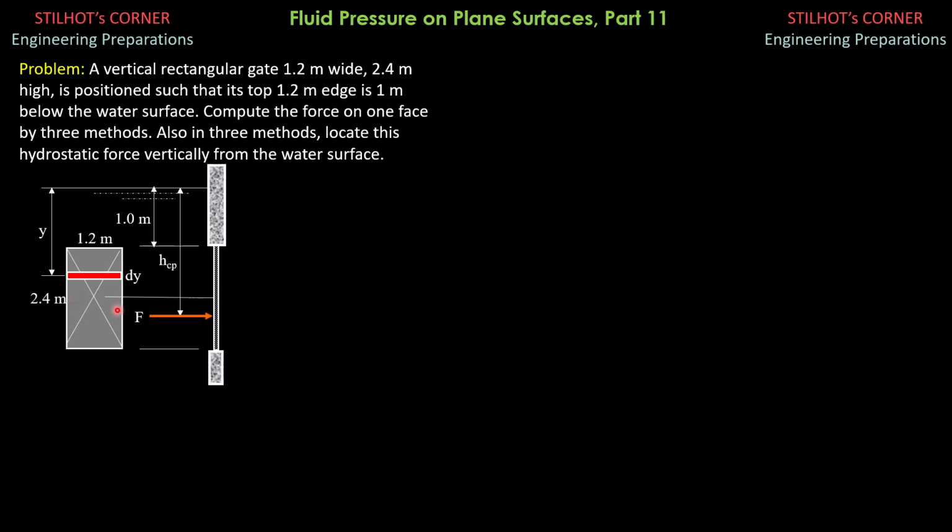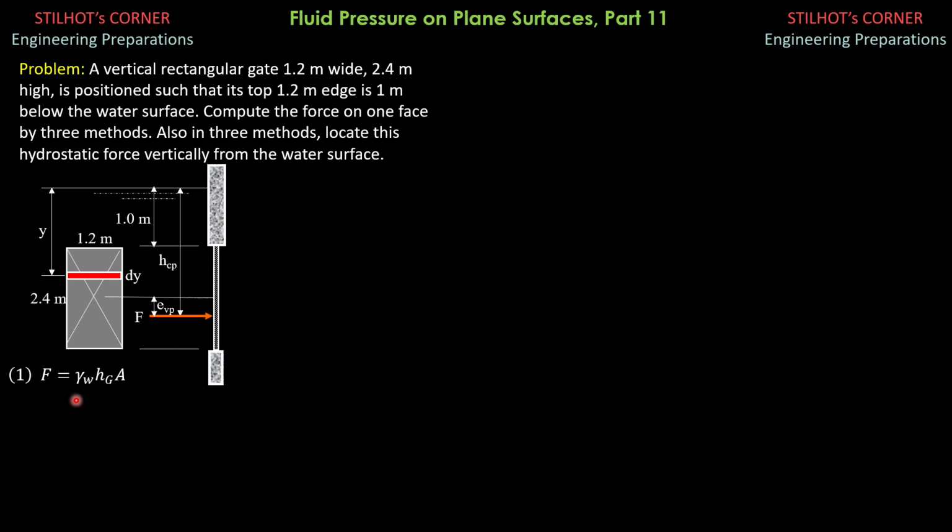Specific weight of water, 9.81. In computing for h_cp, it is equal to h_g, 2.2, plus e_vp. If you use the formula, that's the first case.